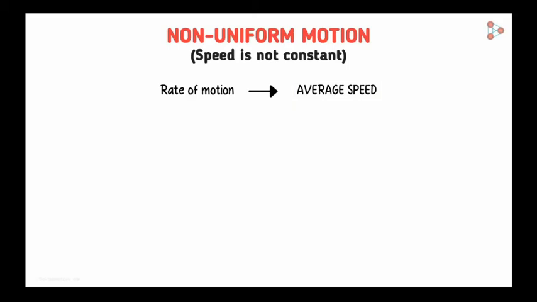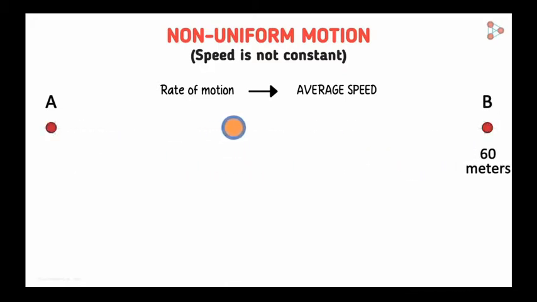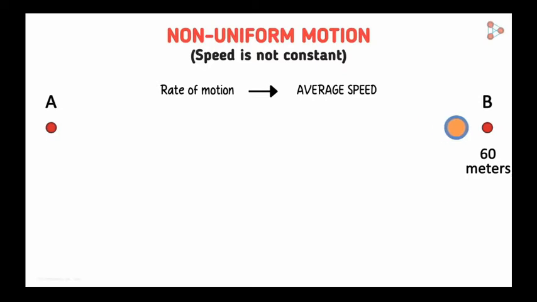So how can we derive average speed? This boy leaves point A to reach point B, which is 60 meters away from A. And he has been walking at varied rates of motion, basically non-uniform motion. He takes 60 seconds to reach point B. So he has covered 60 meters in 60 seconds.